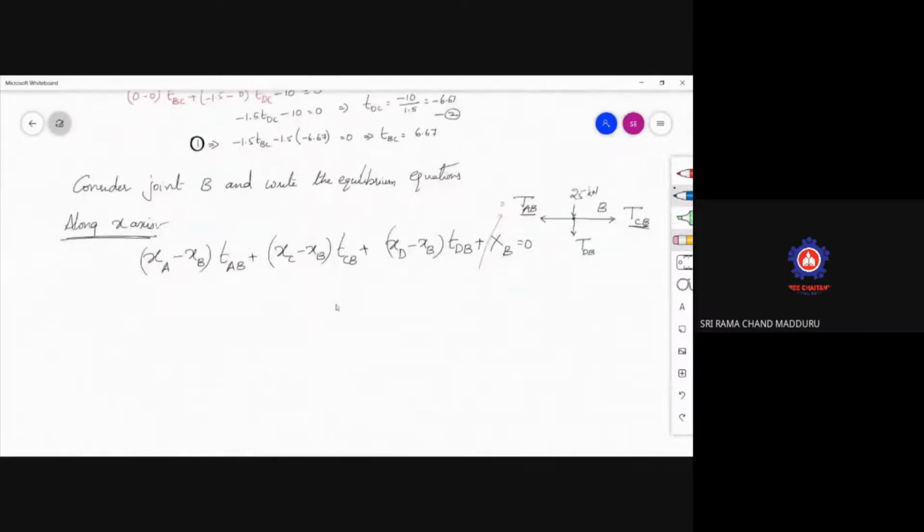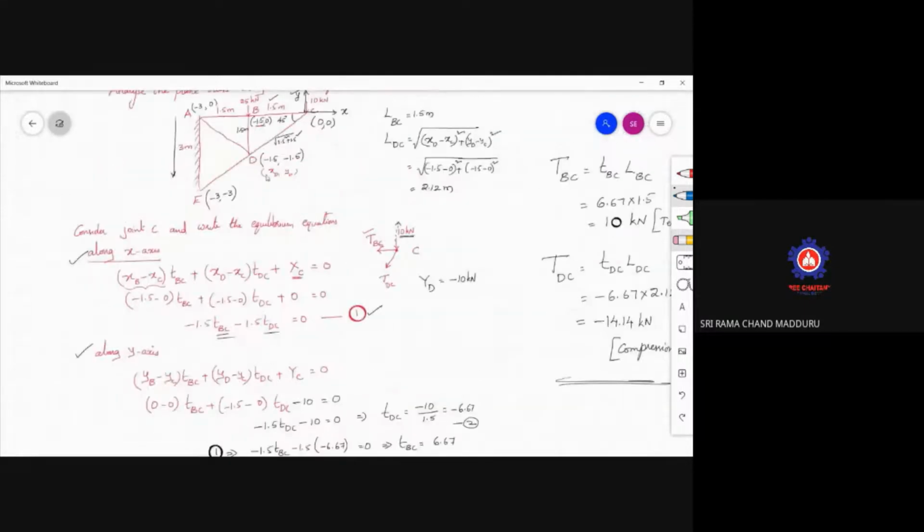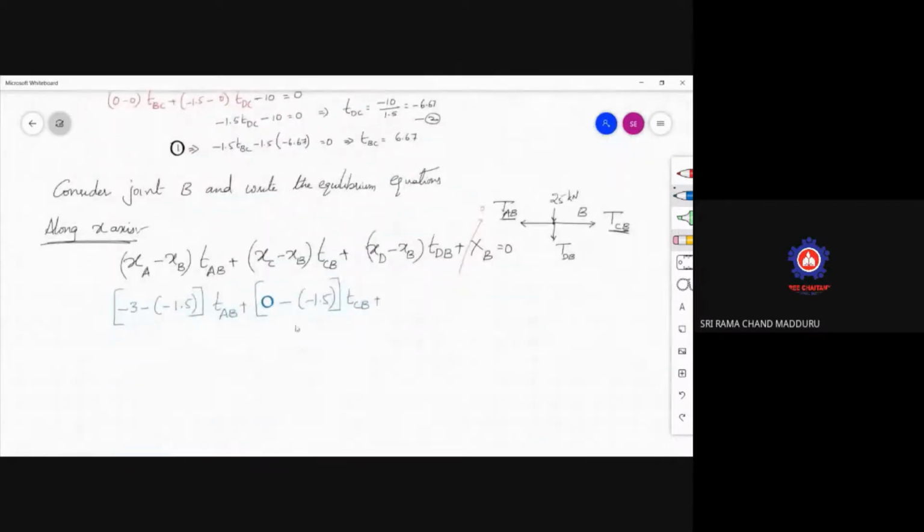So this is minus 3 minus of minus 1.5 into TAB, plus XC, the origin, that is 0, minus of minus 1.5 into TCB, plus XD, from the diagram, XD is minus 1.5, so minus 1.5 minus of minus 1.5 into tension coefficient TDB, equal to 0.